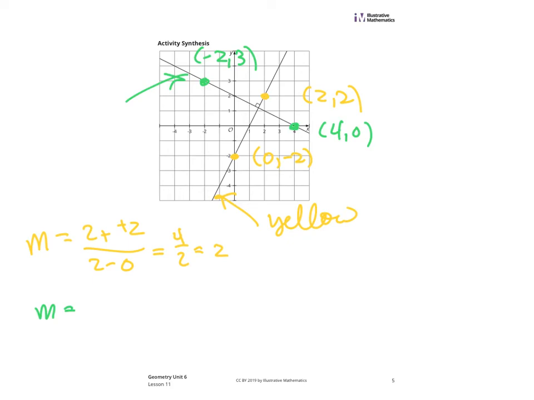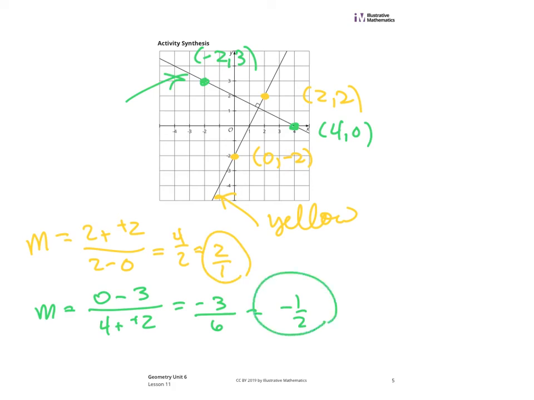Change in y over change in x: 0 minus 3 over 4 minus a negative 2. So here we have negative 3 over 6, which is negative 1/2. And that can be 2 over 1. So we see our 2 slopes are opposite signs and flip the fraction.